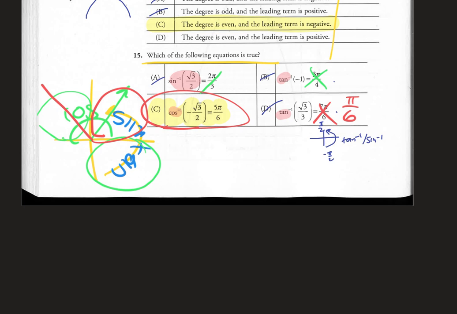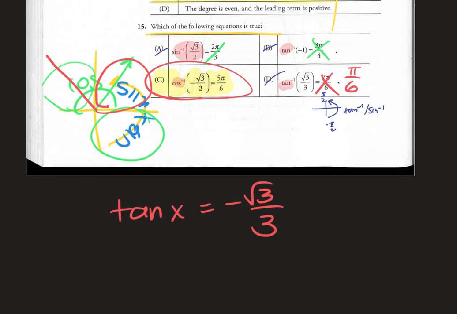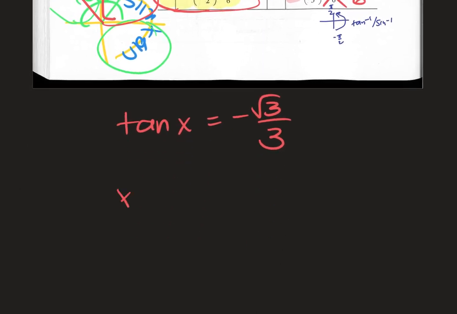So, for restrictions, if you bring in the inverse, you don't worry about a restriction. It's when it's printed for you that you restrict it. So if it had said tan of x equals negative root 3 over 3, so we inverse tan it to solve it, then we don't restrict it. It's going to have two answers, right?